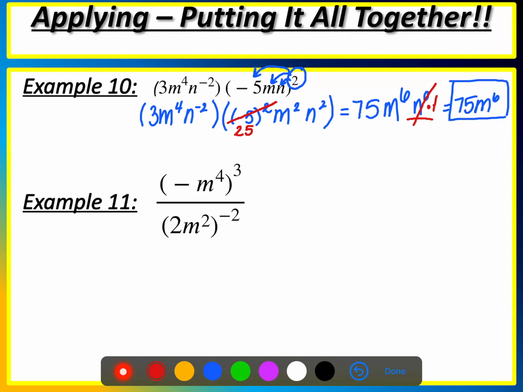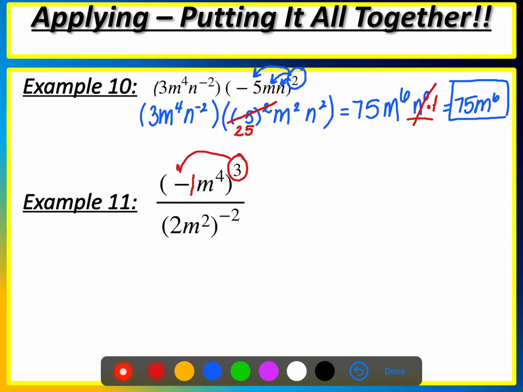In my next example, I see that I have parentheses with power to a power. So that seems to be the first thing that I do when I'm encountering these all-together problems. So I'm going to take my exponent and I'm going to distribute it in. Now, be careful on the top.